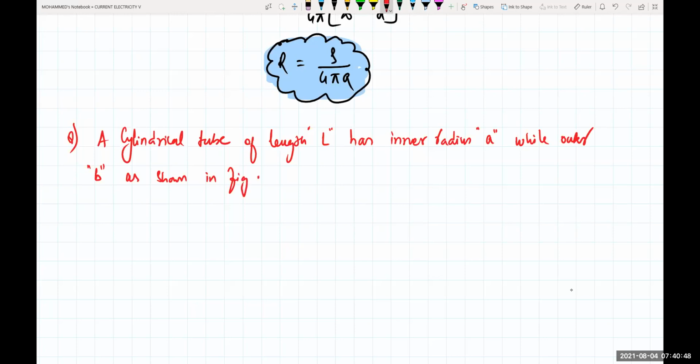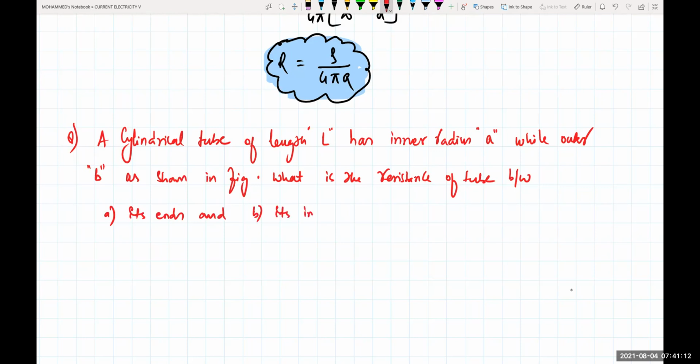What is the resistance of the tube between its ends, and between its inner and outer surfaces?